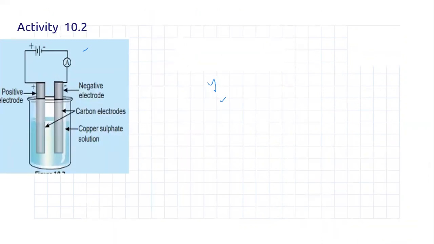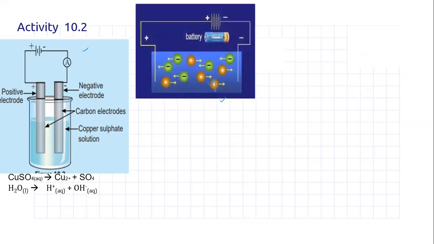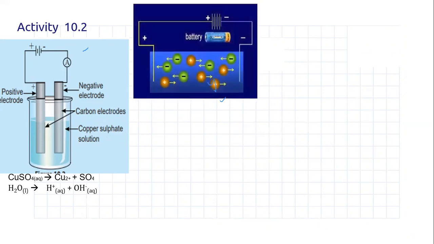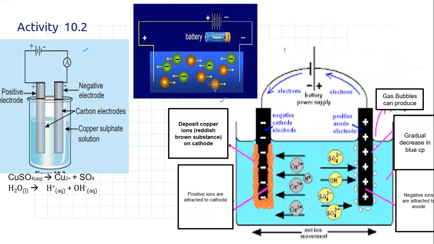Right. Here you can see in this activity, we use copper sulfate solution instead of sodium chloride. The same diagram. So when an electric current goes through the solution, it becomes Cu 2 plus and SO4 2 minus, as well as H positive ions and OH negative ions.